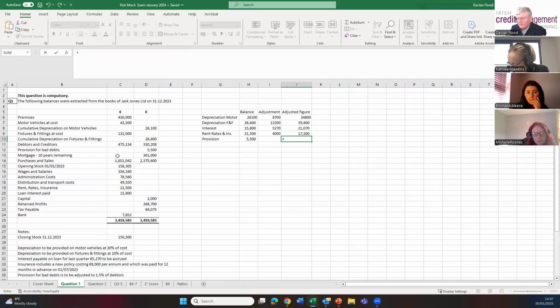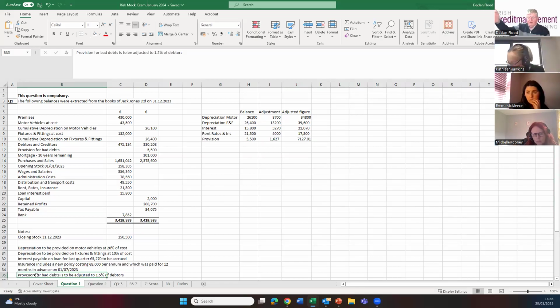Well, there's my debtors figure, and if I multiply that by 0.015, to get 1.5%, my provision is 5,500 and I want my provision to be 7,127. So that has to be that minus that. I need to adjust my provision by 1,627 to bring it to 7,127. It could say provision to be adjusted to 10% or whatever the case may be.